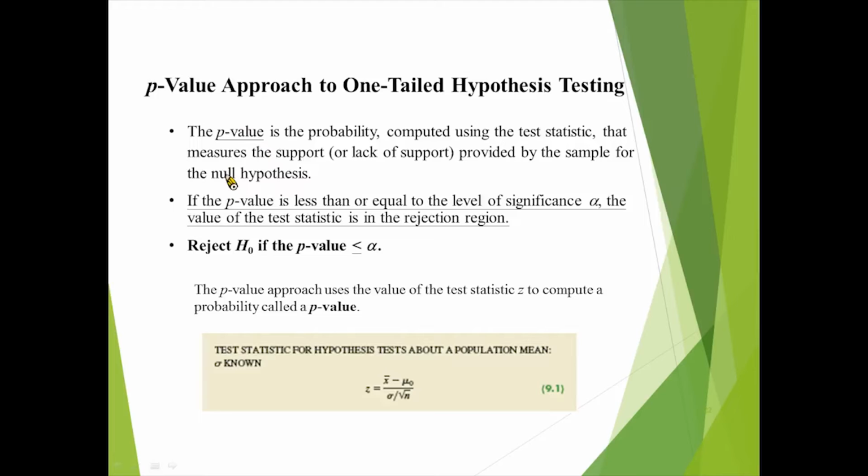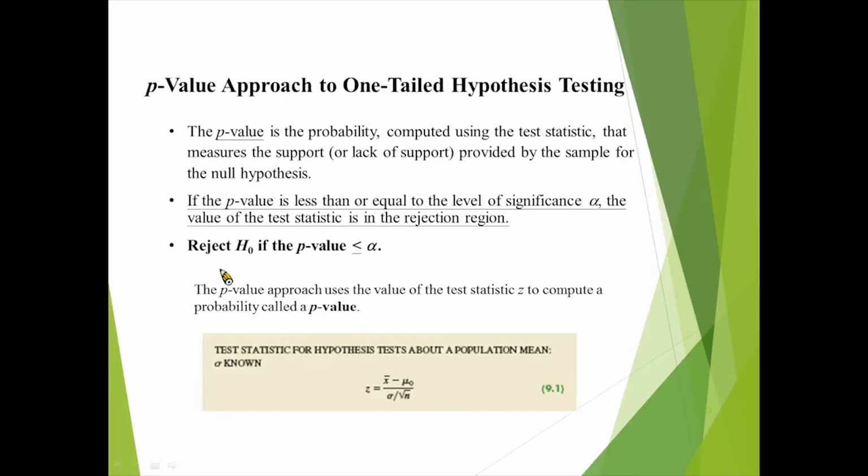So we can call the p-value the level of significance. The p-value is the probability computed using the test statistic. It measures the support or lack of support provided by the sample for the null hypothesis. If the p-value is less than or equal to the level of significance alpha, the value of the test statistic is in the rejection region.